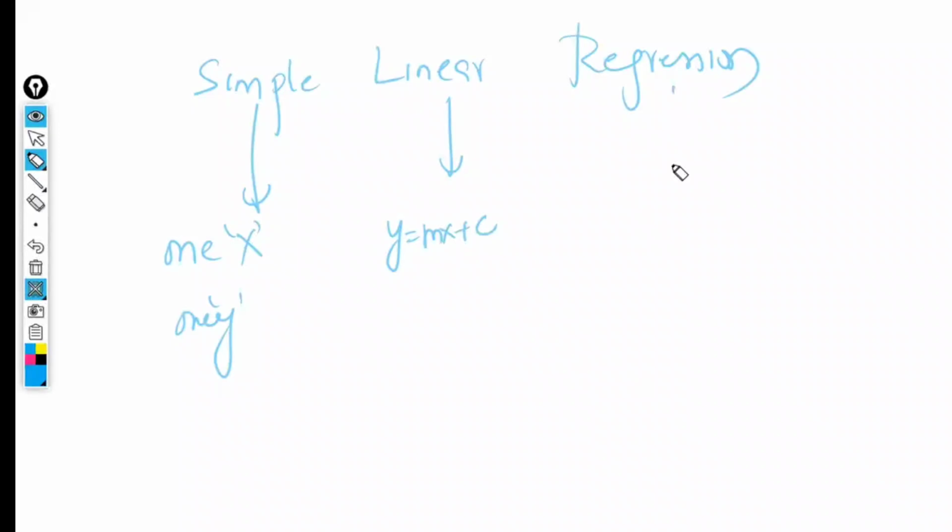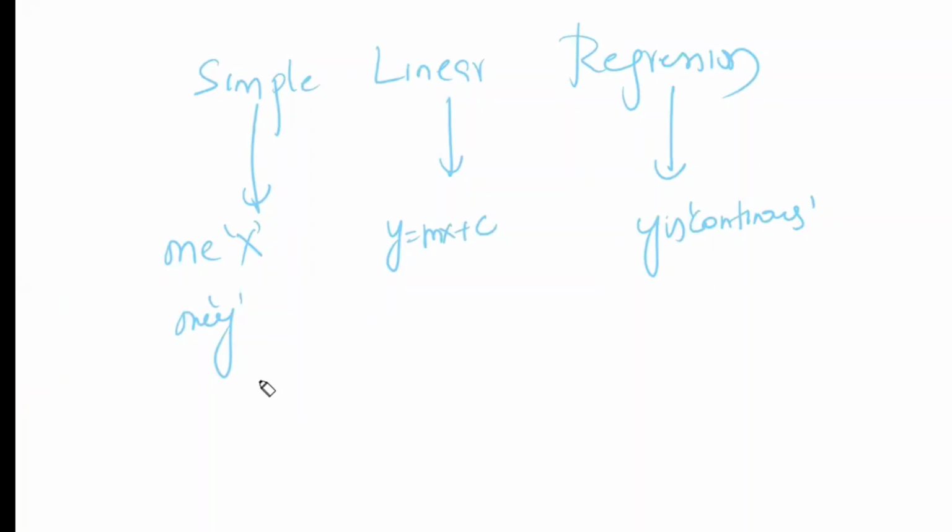Regression means the output variable y is continuous. It is not a discrete variable. That is the meaning of simple linear regression. Regression means y is continuous. Linear means the relation is y is equal to mx plus c. Simple means only one x variable, only one y variable.